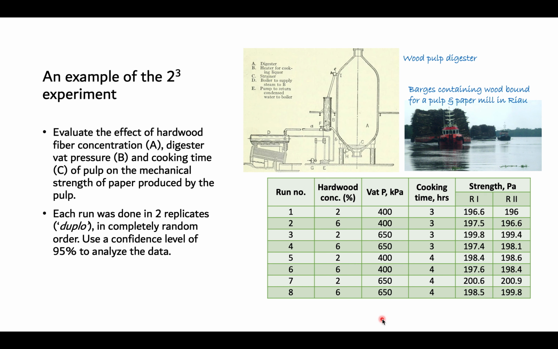So in this example, we have one problem. This is the problem that we face in the making of pulp and paper. In the making of paper, we know or we suspect that the hardwood fiber concentration, the digester vat pressure, and the cooking time may affect the strength of the paper that we have.